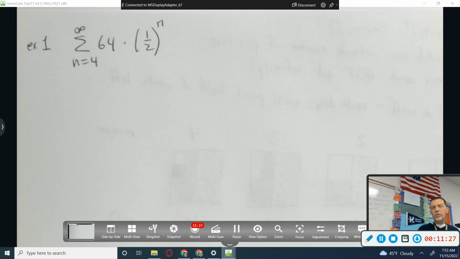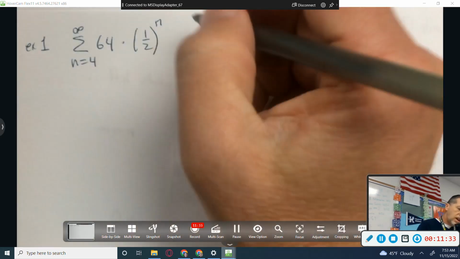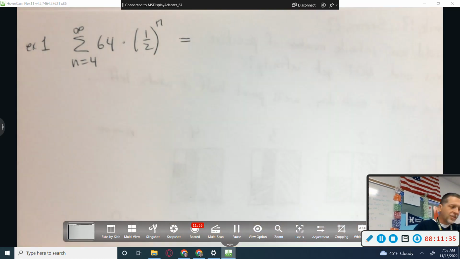So if we want to use our formula, we have to know if that's geometric and if the absolute value of r is less than 1. And probably the easiest way to do that is to list out the first few terms. Because maybe you could tell by looking what r is, but maybe not.